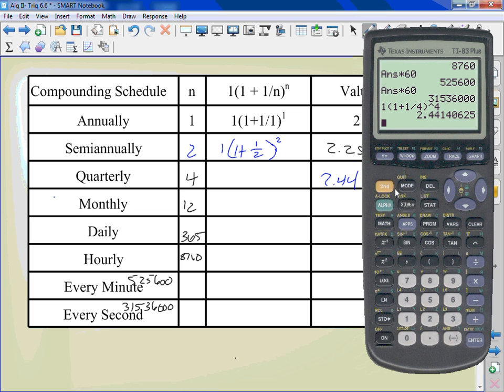The next one, change that to a 12 to the 12th, and I get 2.61. Now change it to 365. I get 2.71.